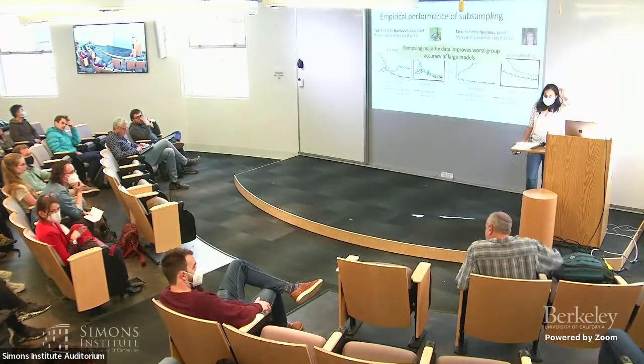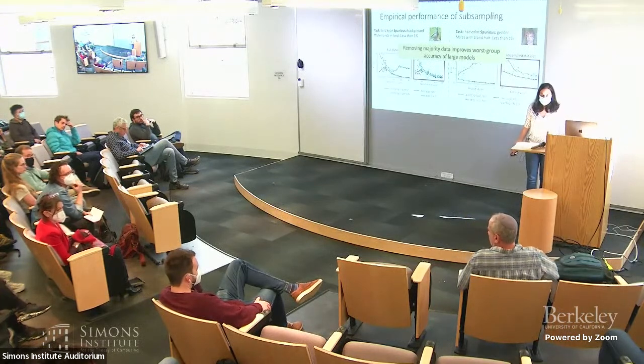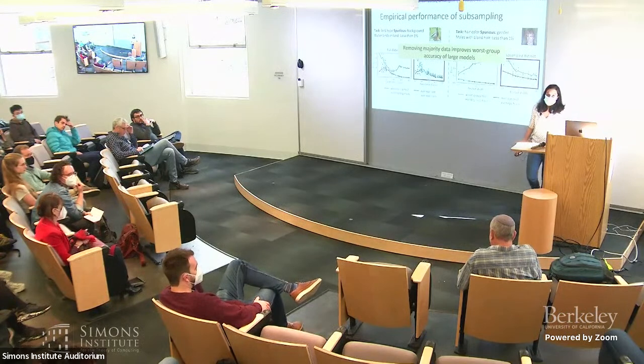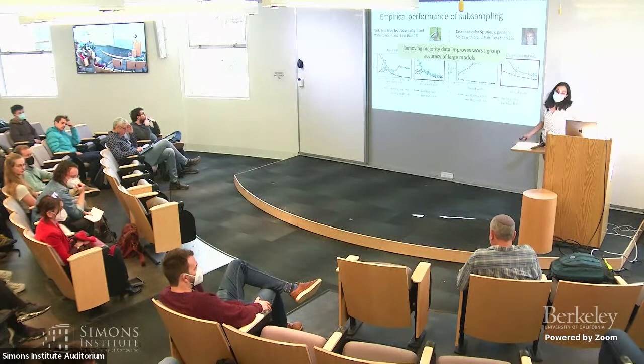Also, if you have the protected label of what the background is, your loss could be worse if it's from a minority group, and then you could penalize it. So you could still hope for the same kind of downward slope for the worst group accuracy, but in a way that you can still use the full data set.